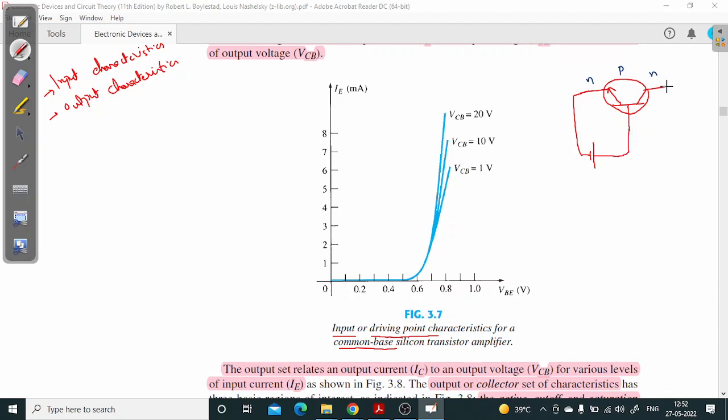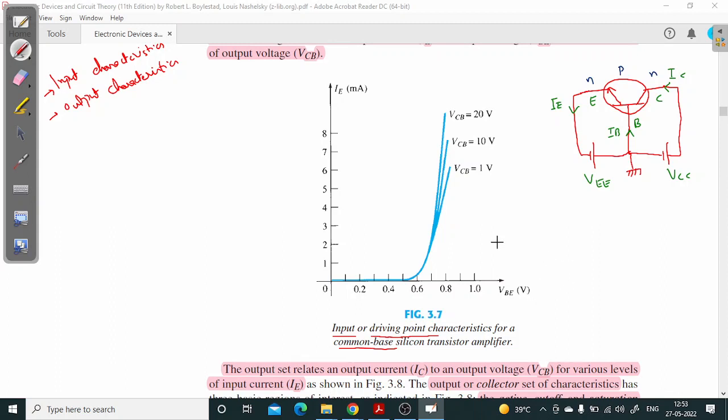Here the collector side is reverse biased, N is connected to positive, and the base terminal is connected to ground. So this is emitter, this is base, and this is collector. This is the direction for IE, and this is the direction for IB and IC. Let's call these VEE and VCC.